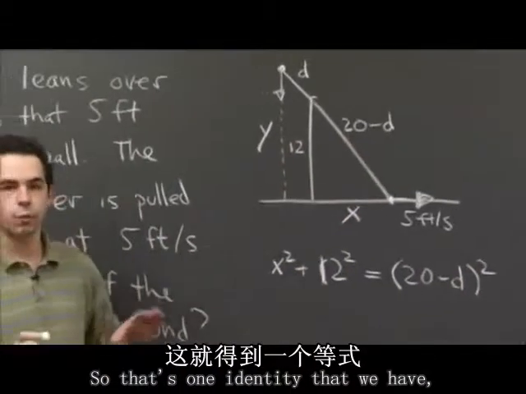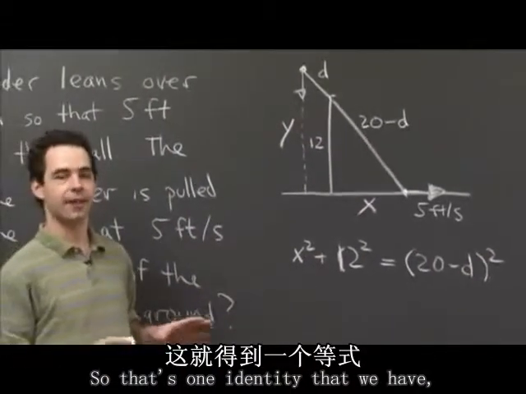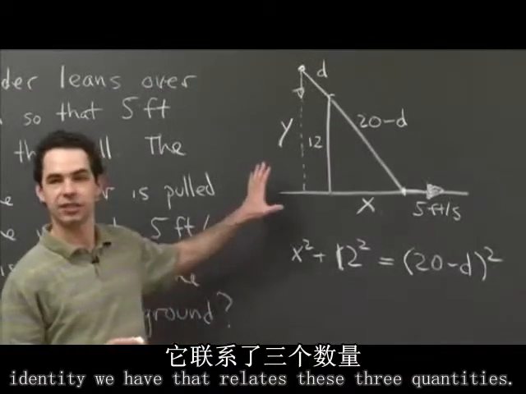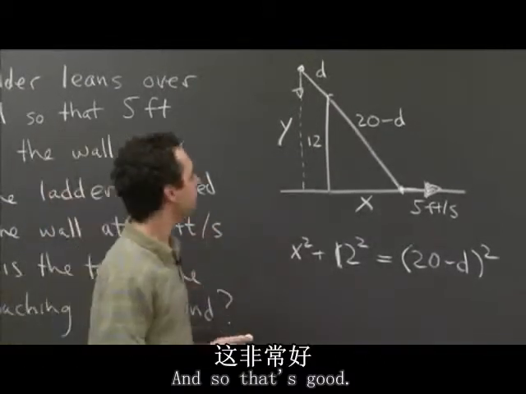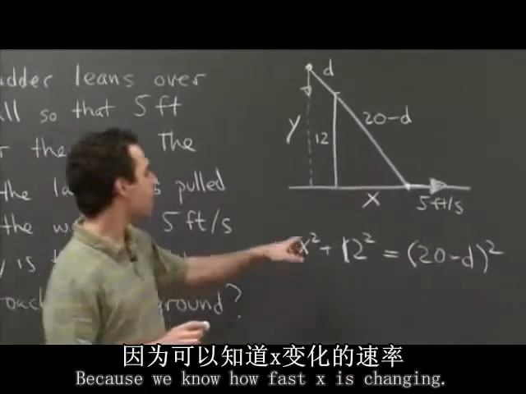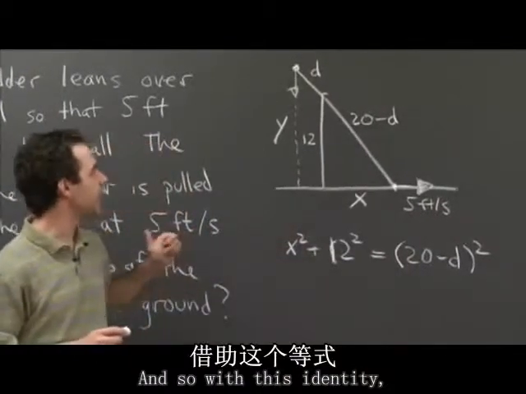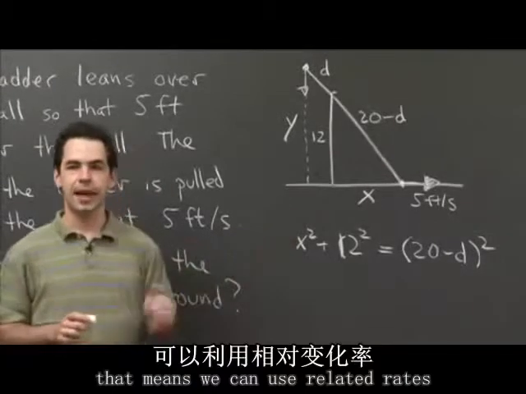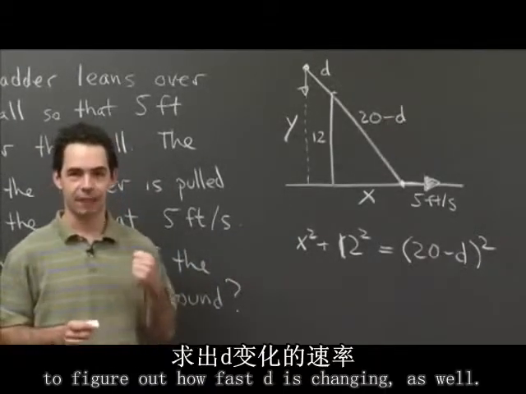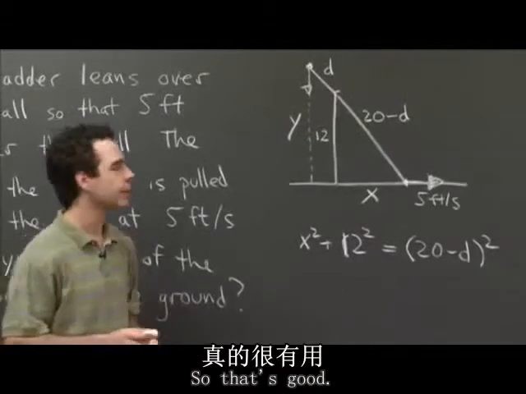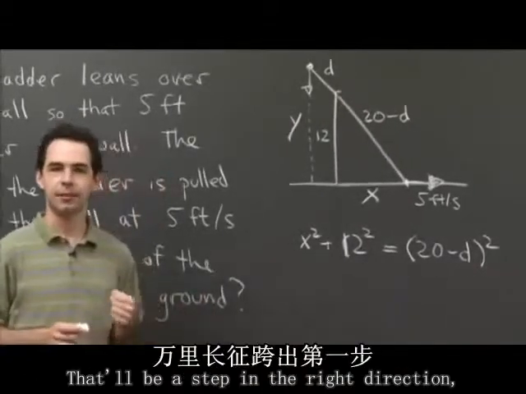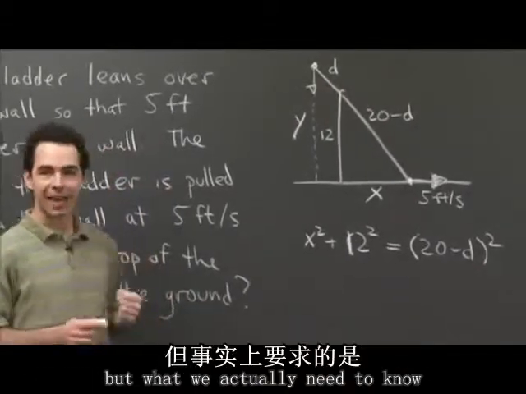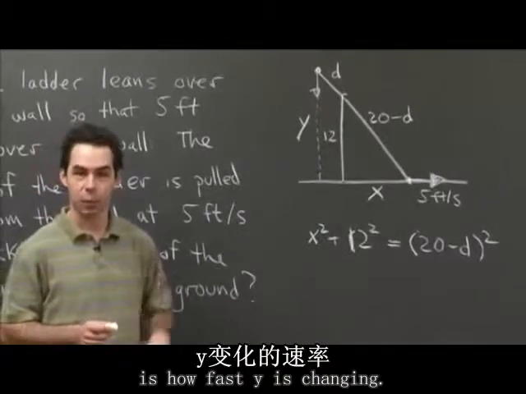So that's one identity we have that relates these three quantities. That's good, because we know how fast x is changing. And with this identity, we can use related rates to figure out how fast d is changing as well. That'll be a step in the right direction. But what we actually need to know is how fast y is changing.